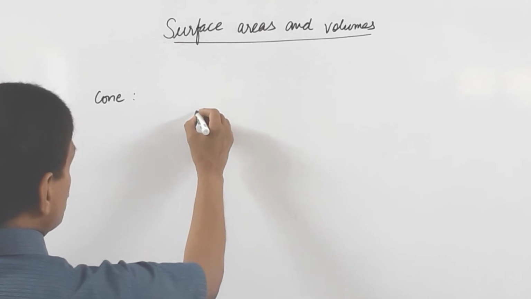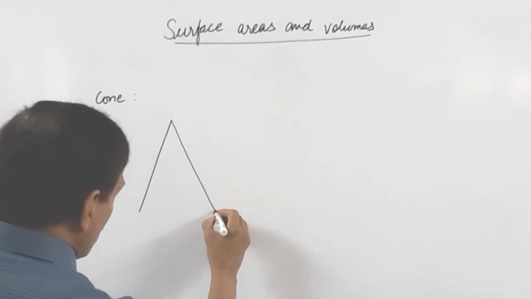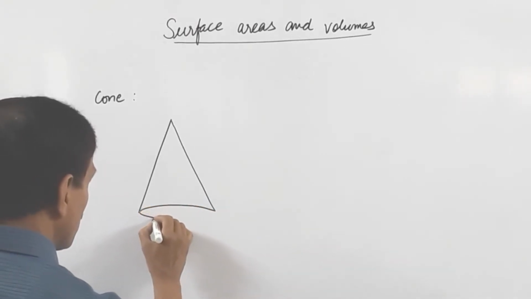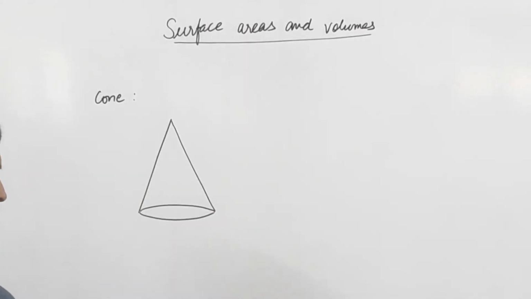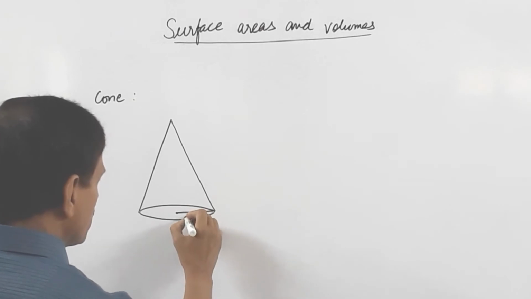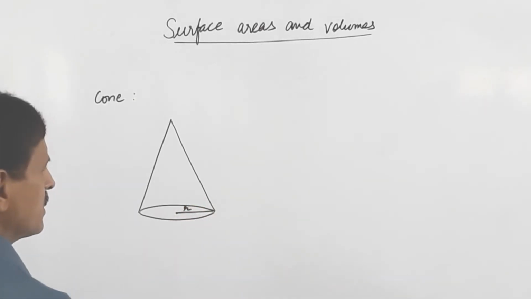A cone consists of a curved surface and a circular base. This is the radius of the base.